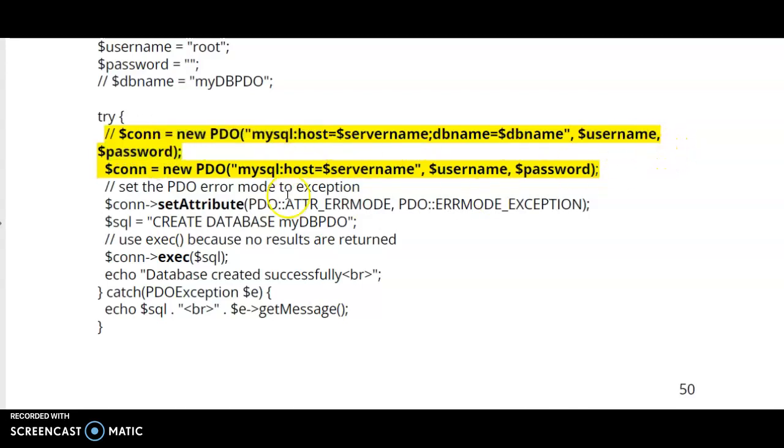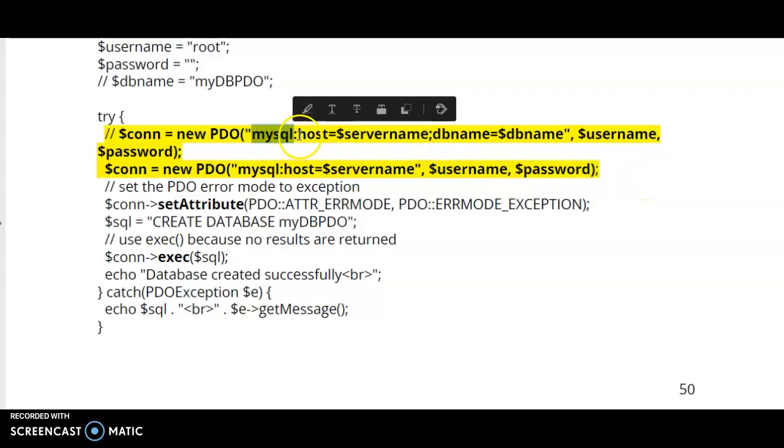If we are not passing the DB name in the connection creation, the DB name can be selected later. So $con new PDO mysql:host server name, all in the double quotes, and username and password.